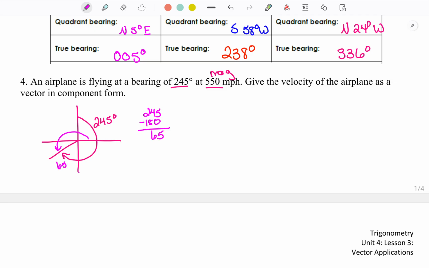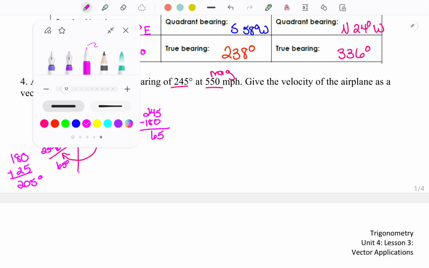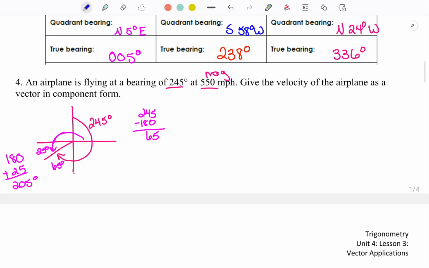So we have 65 degrees in this part of the quadrant, which leaves 25 left over here. So all the way around, 180 plus 25 is going to be, wait, I'm adding, not subtracting, 205 degrees.